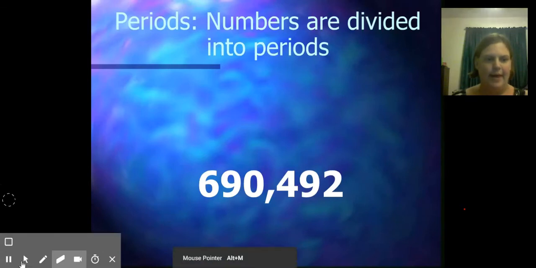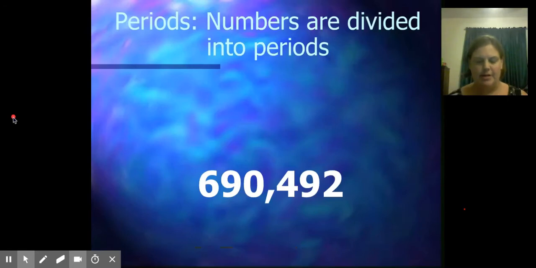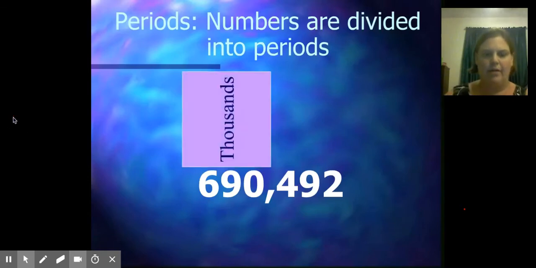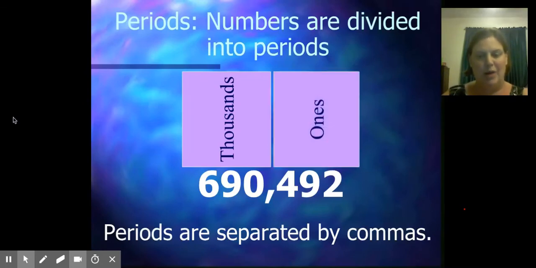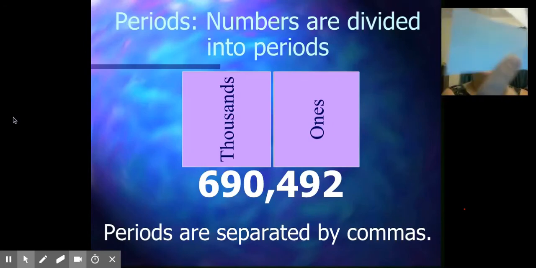There is a comma. We use a comma to talk about the periods that a number has. These are the thousands periods, and these are the ones periods. So that is going on here. Numbers are divided into periods, and they're separated by commas. And then on here, we'll go that example that we have right there.